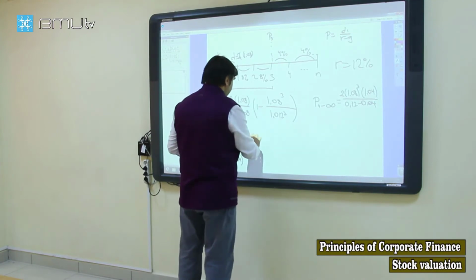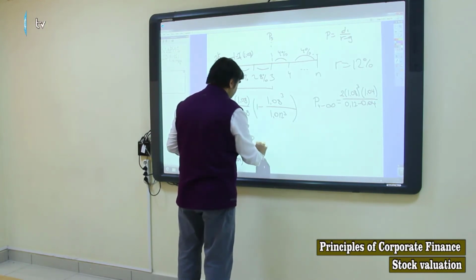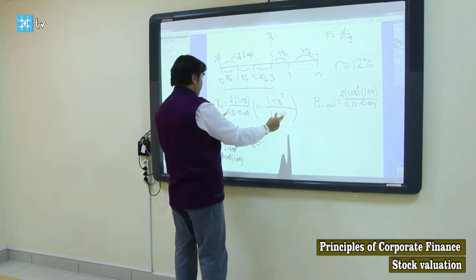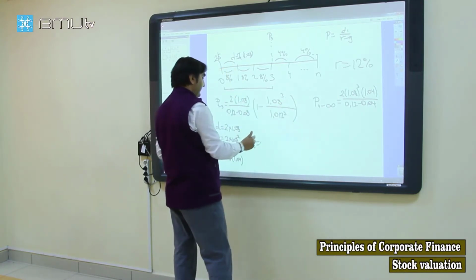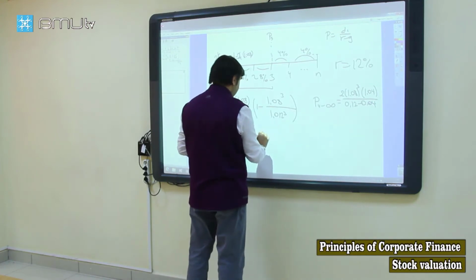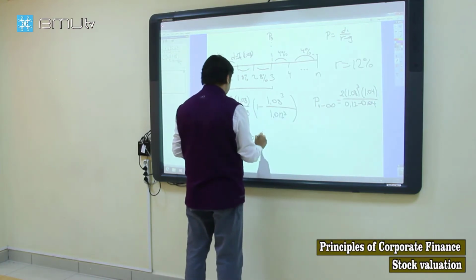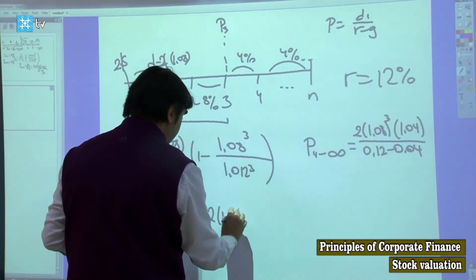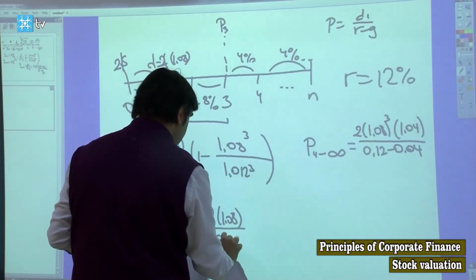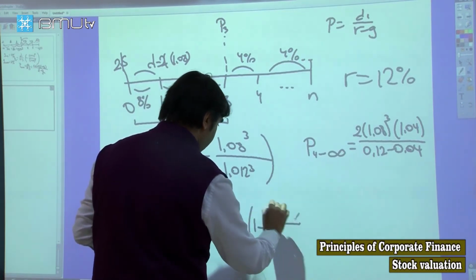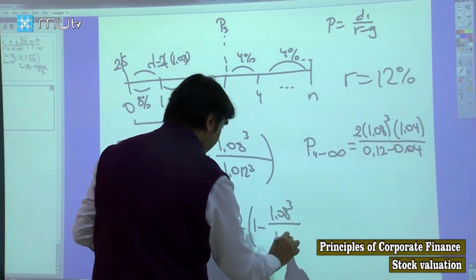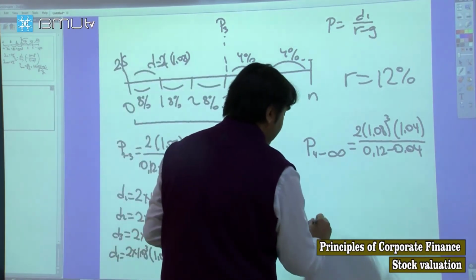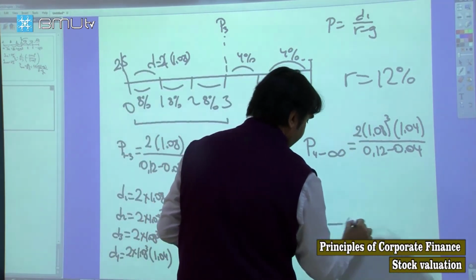So price 0 then becomes the present value of this amount, this is present value already, plus the present value of this amount. That's 2 times 1.08, plus the present value of this amount.